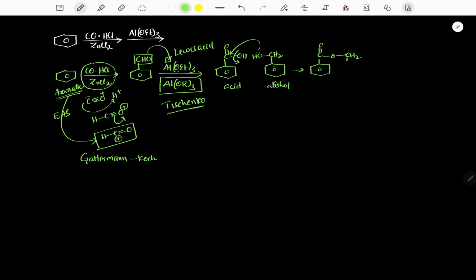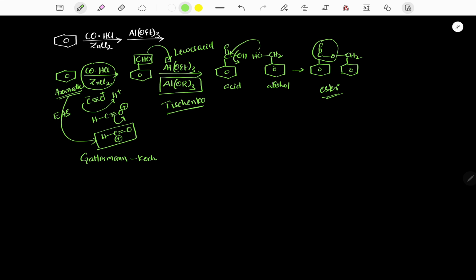Carboxylic ester is our product. So this is an example of Tishchenko. Here acid plus alcohol do not form at all. It directly converts into ester only. Only for our understanding purpose, I am writing acid plus alcohol, but according to the mechanism, benzaldehyde directly converts into carboxylic ester. So this functional group is carboxylic ester.